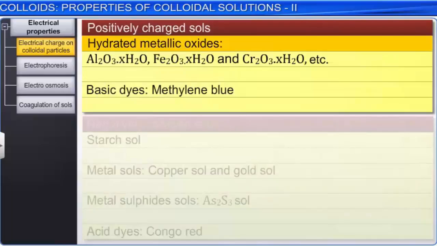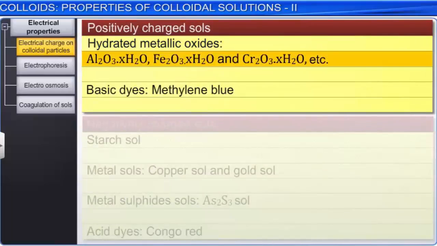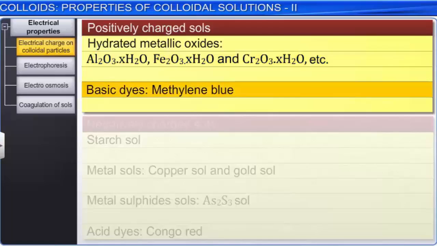Hydrated metallic oxides like Al2O3·xH2O, Fe2O3·xH2O, and Cr2O3·xH2O, and basic dyes like methylene blue form positively charged sols.